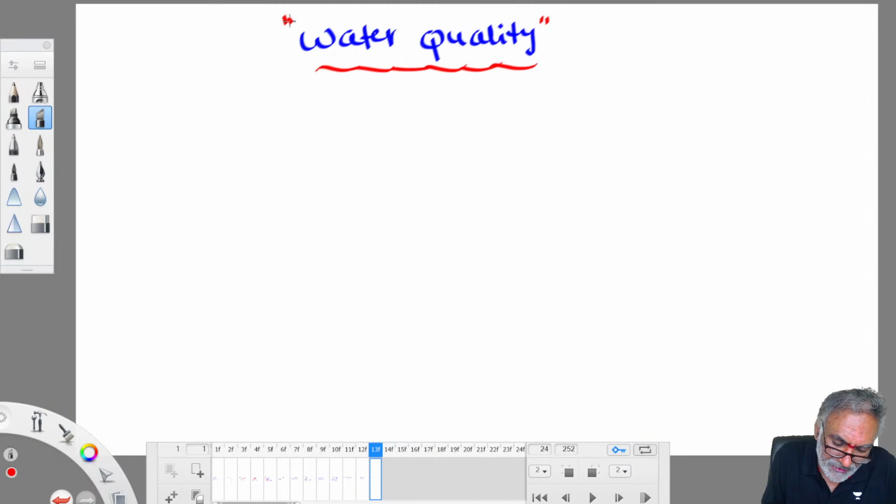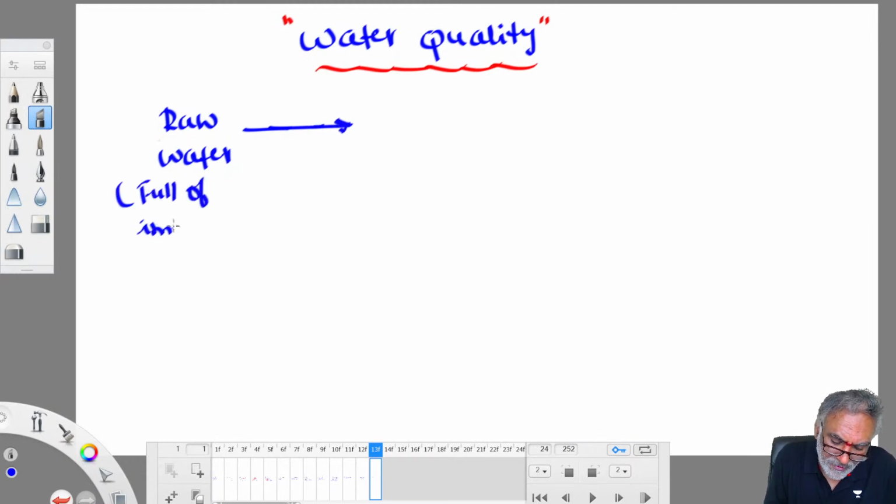So water quality. Raw water is very bad in quality. We convert raw water into filtered water by applying water treatment. Raw water means full of impurities.